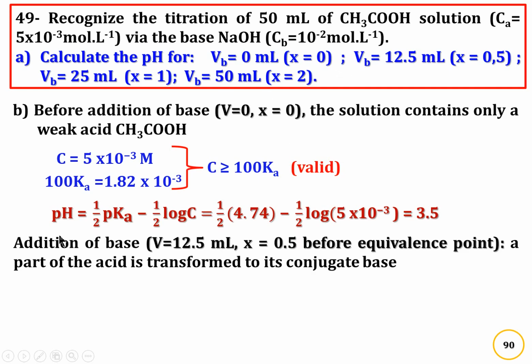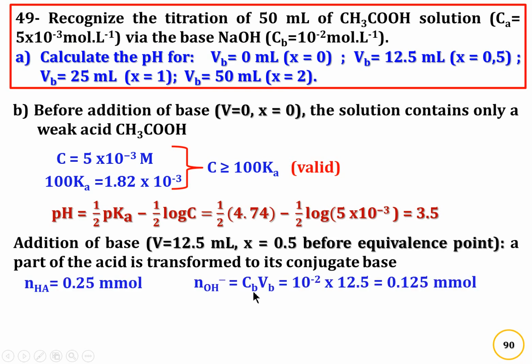Now, what is the pH when we add 12.5 milliliter of the base, or for X equals 0.5? So we have a reaction between the acid and OH minus, and a part of the acid CH3COOH was transformed to the conjugate base CH3COO minus.